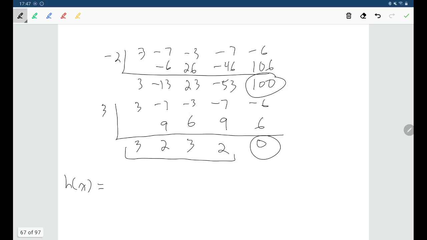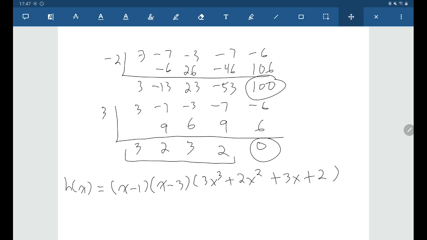The quotient that we were dividing into here has 3 as a 0. In other words, it has x minus 3 as a factor, and what's left over, constant, x, x squared, x cubed, is 3x cubed plus 2x squared plus 3x plus 2.